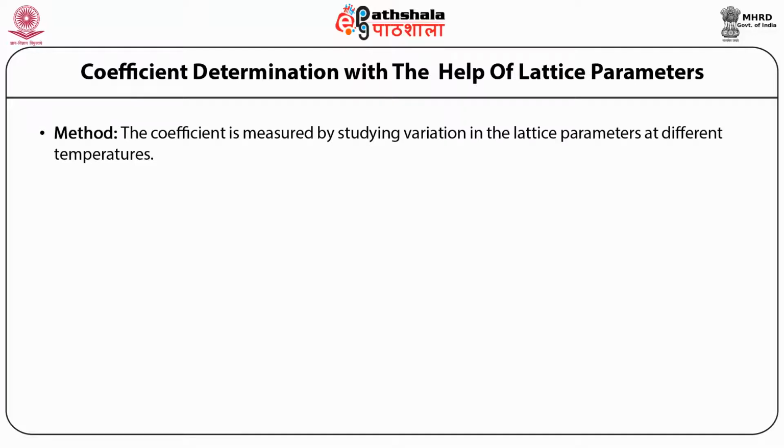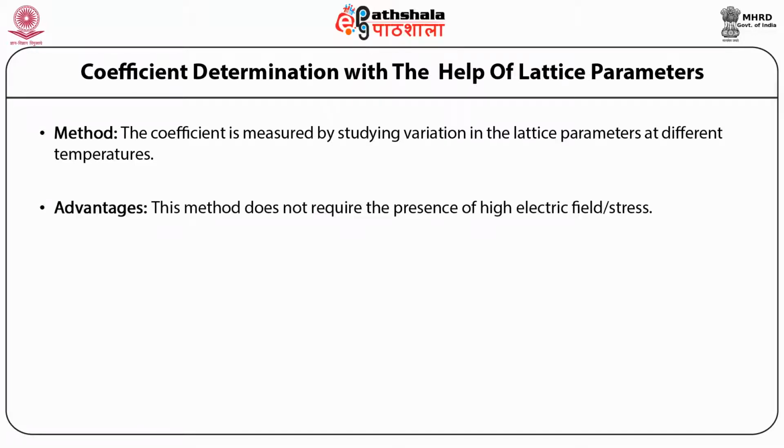Now the basic advantage of this method is that it does not require the presence of high electric field or stress. But the main issue with this method is that it can be used only for ferroelectric materials.